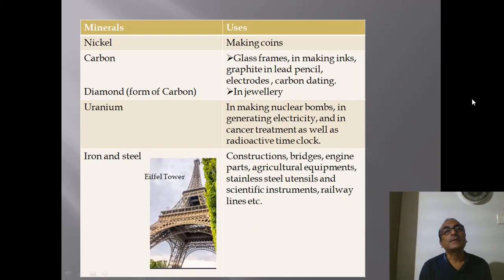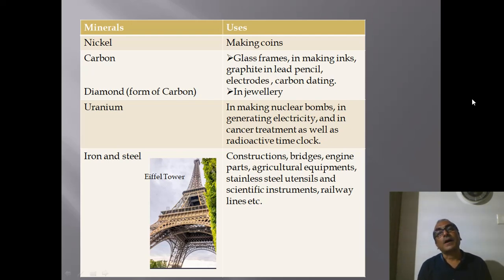Okay, now let us take up the next few elements, like here nickel. Nickel is a mineral which is used in making coins. We usually have coins made up of nickel and copper alloy, or nickel and steel alloy, and all the coins which we are using are mainly having some amount of nickel.